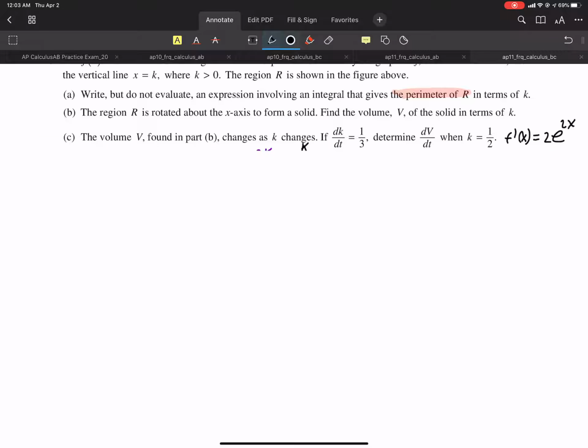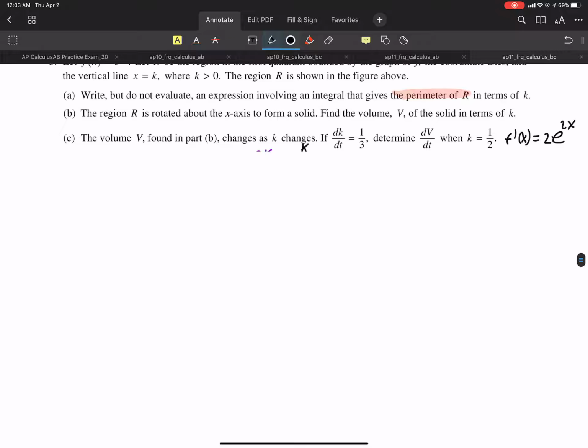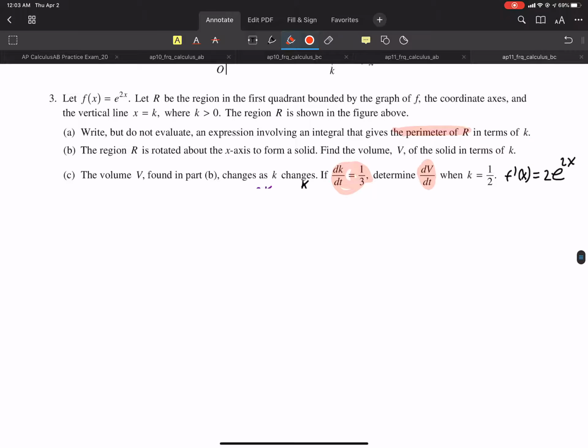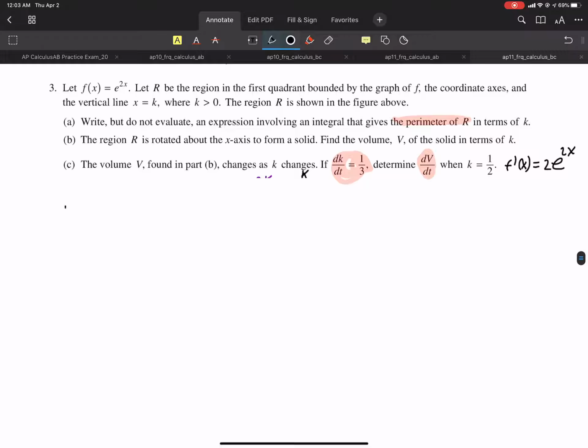All right, part C. The volume changes as k changes. So we want to find out how fast the volume changes. We know k changes at this rate. Oh my, I erased my previous answer, so let me write my previous answer down.